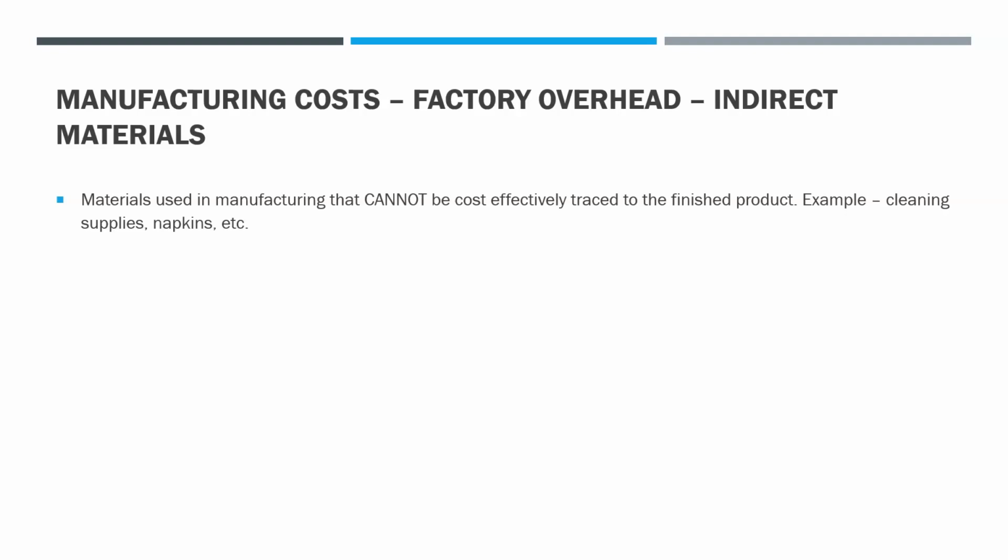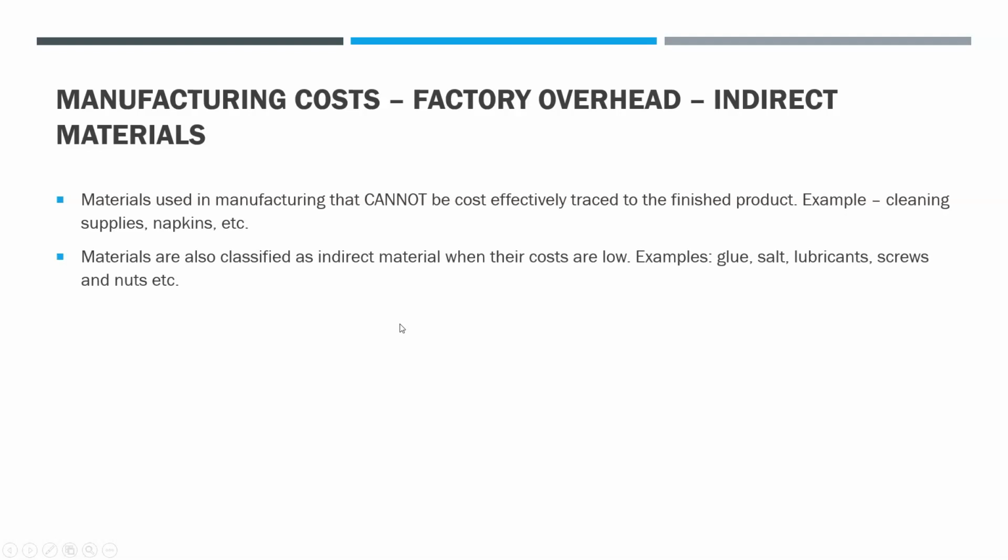But if there were no cleaning supplies and napkins, people cannot work at the factory, and therefore these are still costs for the product that we need to figure out how these costs are going to be included in the product. These are physical items, so that's why they are indirect materials.